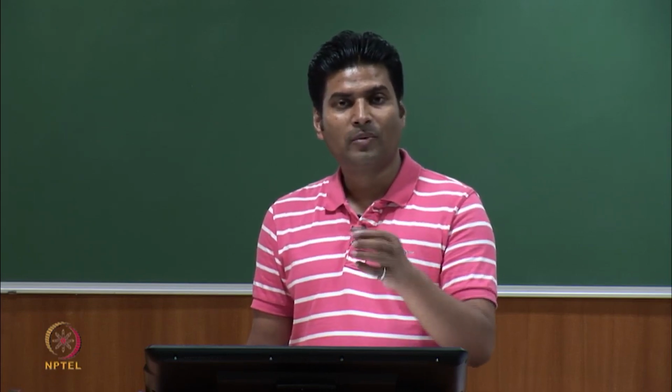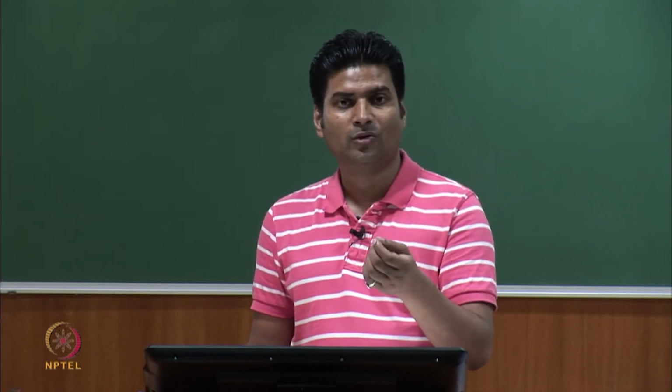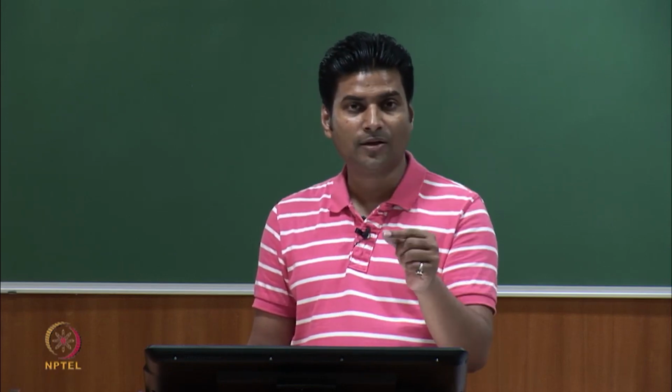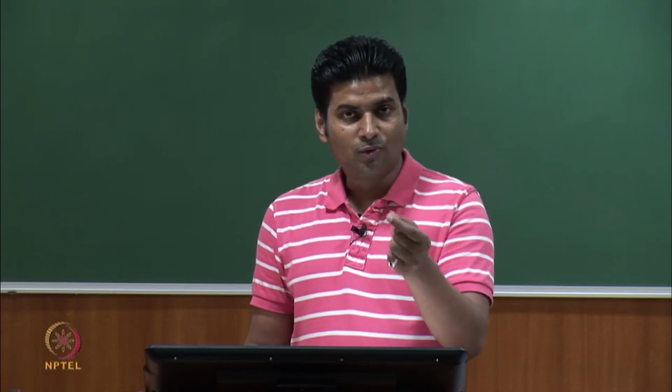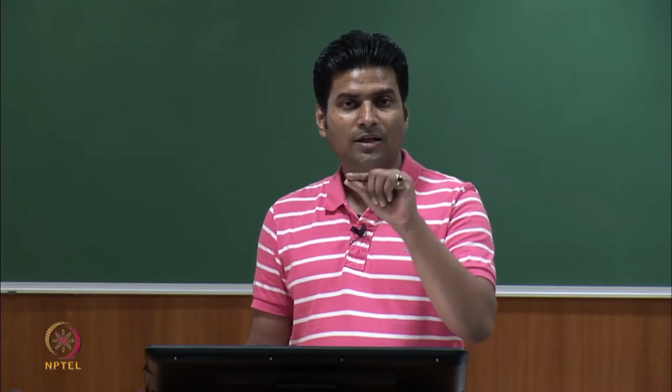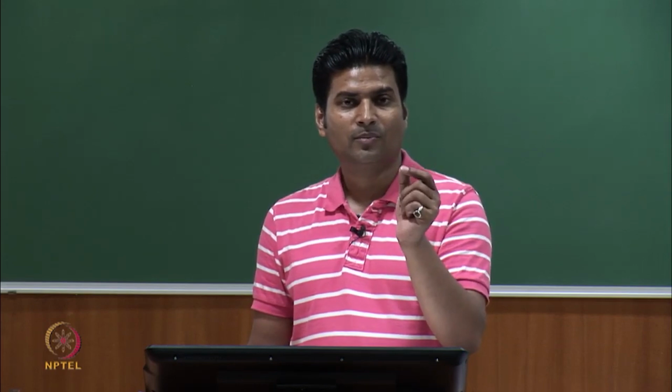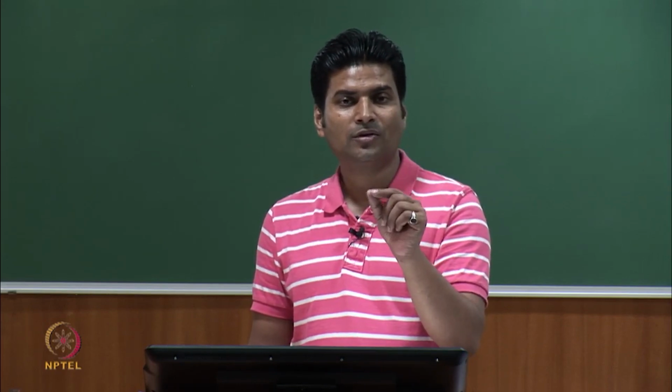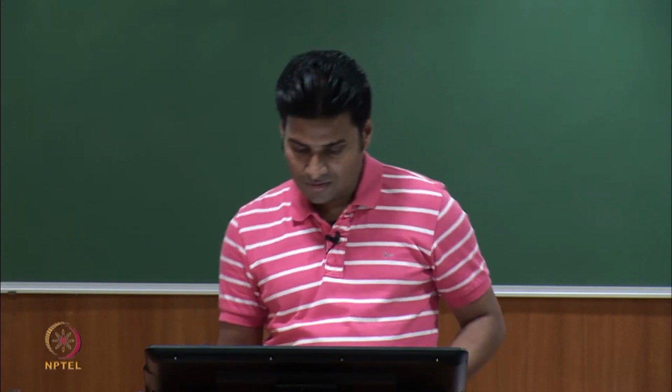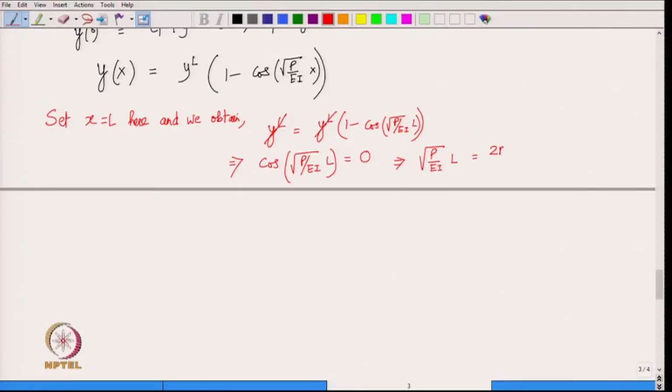Whenever you have an even multiple of pi by 2, cos of 0, cos of pi, cos of 2 pi, 3 pi, 4 pi, they are all even multiples of pi by 2. So, there it is either 1 or minus 1, but for odd multiples of pi by 2 it is always 0. So, this is equal to some 2n plus 1 into pi by 2, where n is an integer.